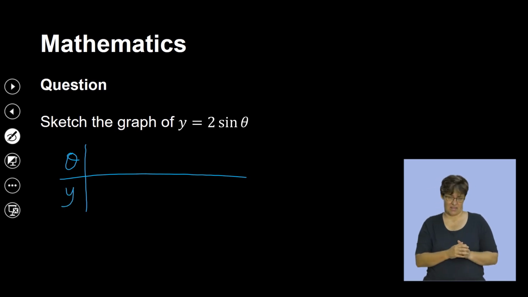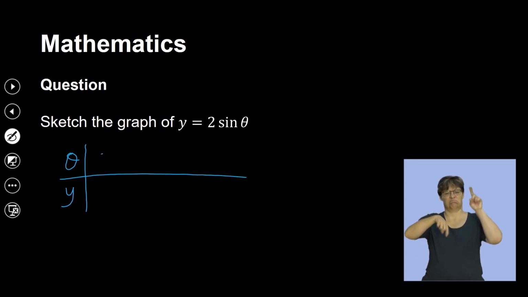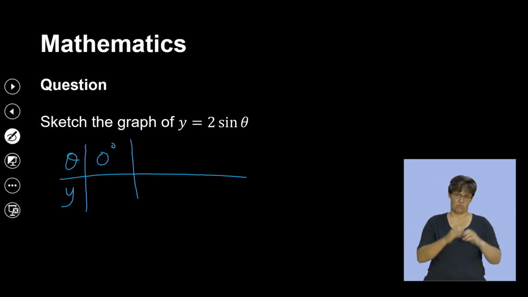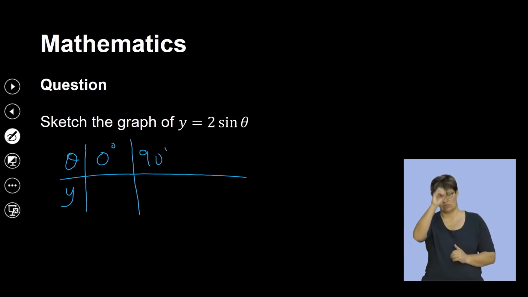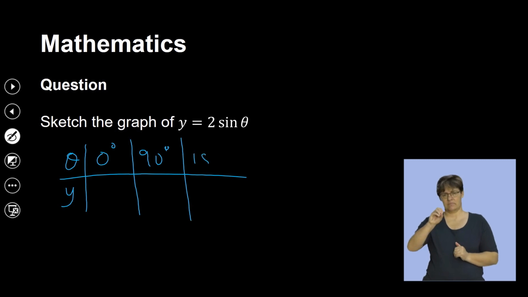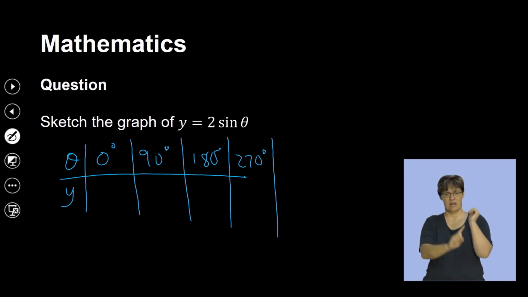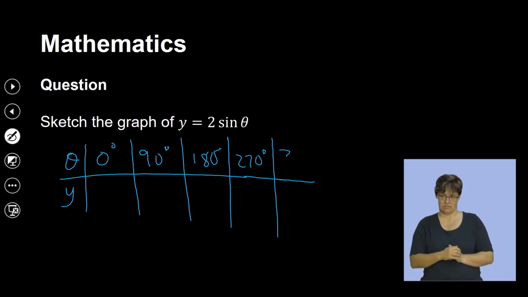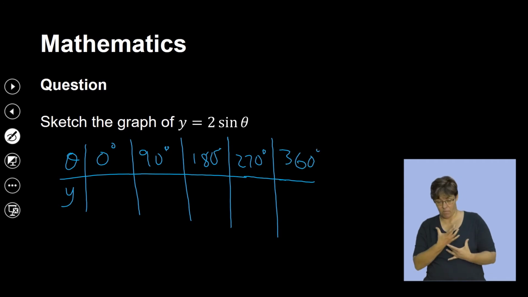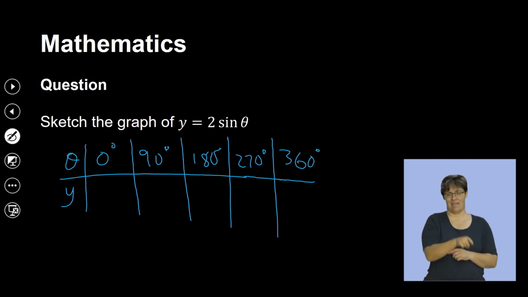You will use different values: you can start at 0 degrees, go to 90, then 180, then 270, and lastly 360 degrees. This will inform which values of y these correspond with.